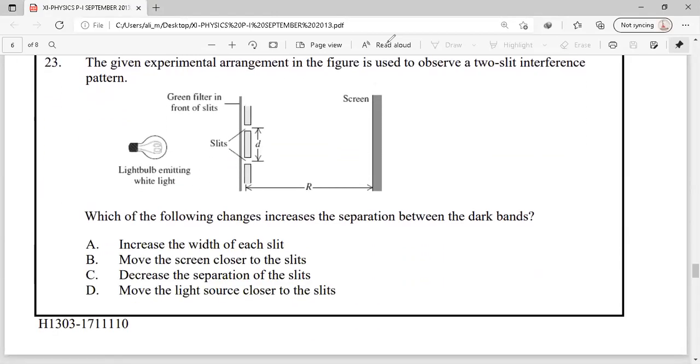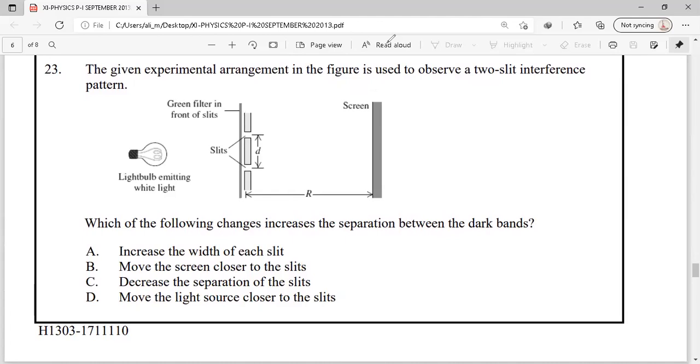Then we have question number 23. The experimental arrangement in the figure is used to observe two-slit interference. Which of the following changes increases the separation between the dark bands? Which of the following is a factor that can change the distance between two dark bands?